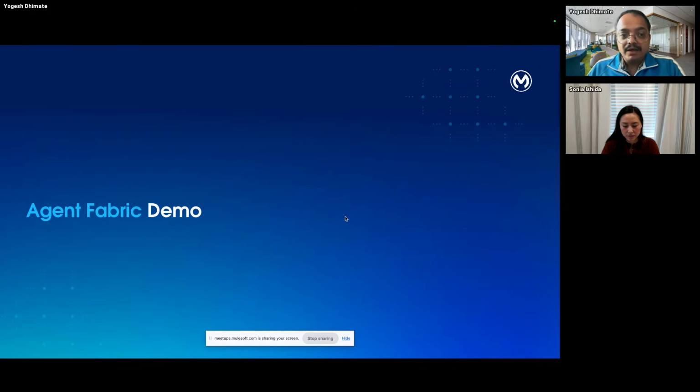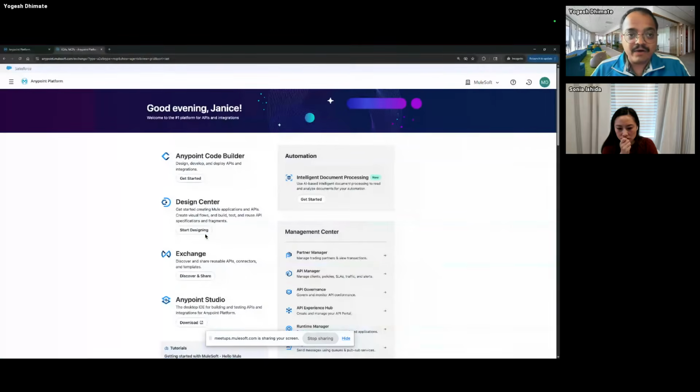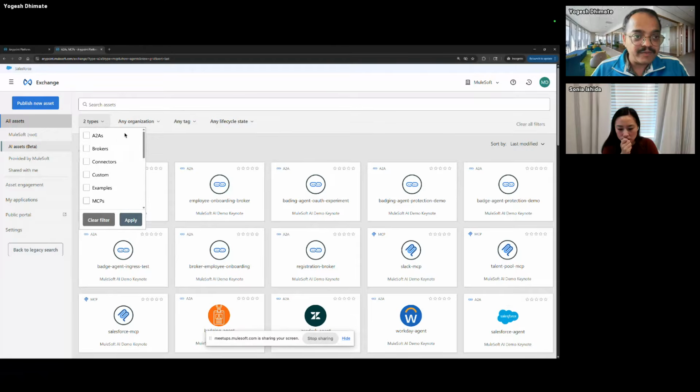So Janice starts by discovering agents in the registry. She logs onto the Anypoint platform, goes to Exchange, and looks at what assets are available specifically from an agentic interaction perspective.